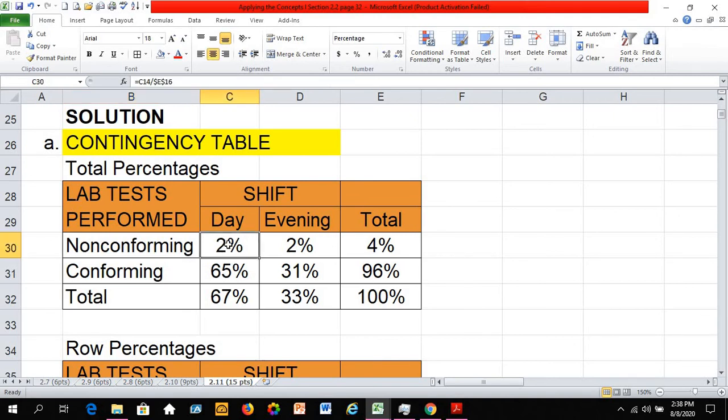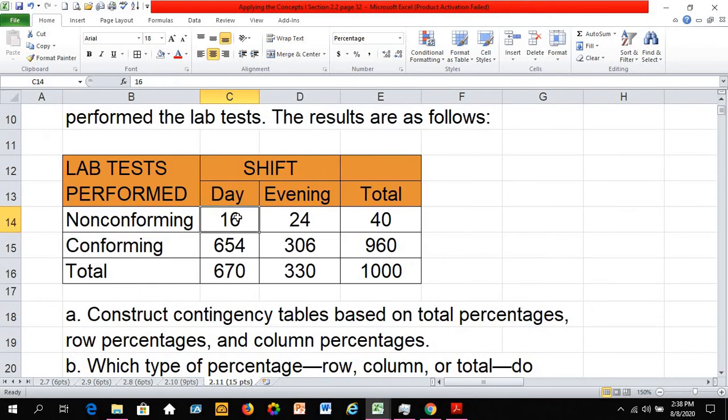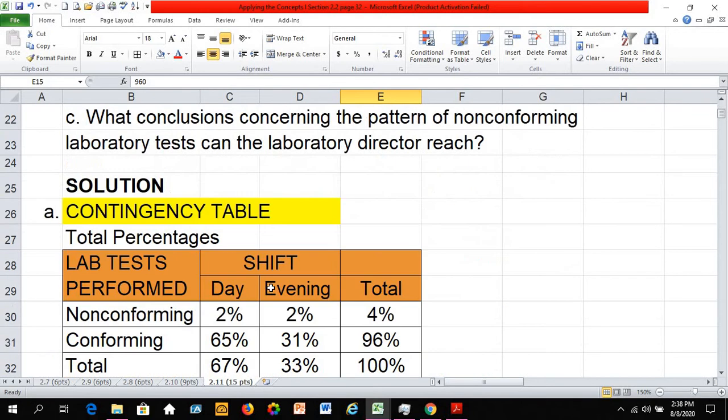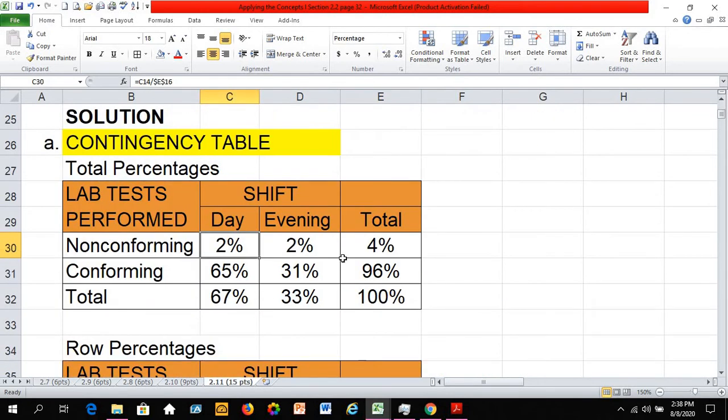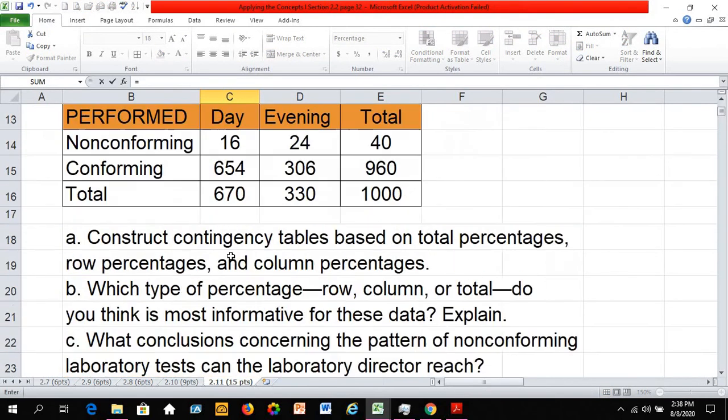So to get this, similar with item number 4, we simply divide 16 by 1000 and we change it to percent. The same with the rest of these values. Okay, so let me just show you. Let me delete these values for you, and then press equal sign.